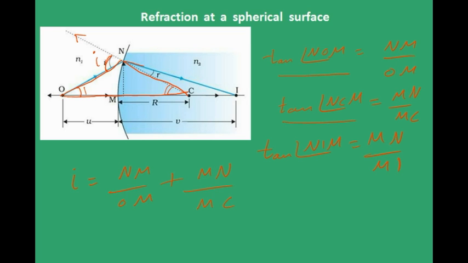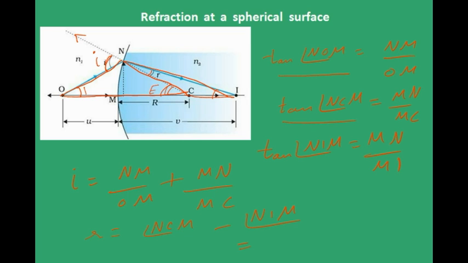Consider this triangle NIC. For this triangle, NCM will be the exterior angle. So that should be equal to my angle of refraction R plus this angle NIM, right? So what can I get from that? My angle of refraction is nothing but angle NCM minus angle NIM.